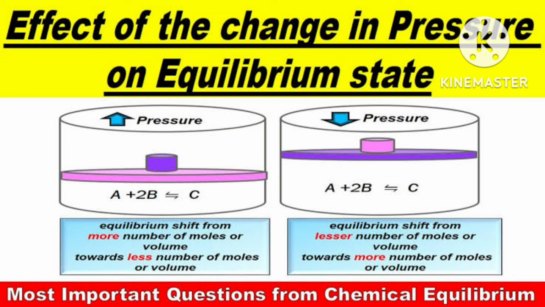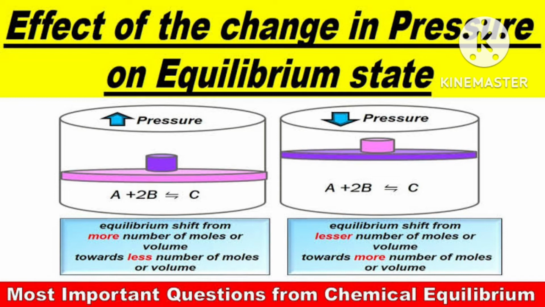Now in general, the temperature dependence of the equilibrium constant depends on the sign of delta H. Here it is very conceptual. Suppose delta H is negative, meaning during the reaction heat is going out, and there if you apply heat and increase the temperature, then what will happen?